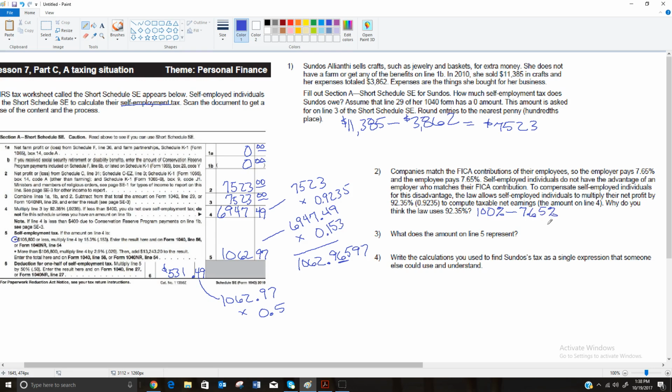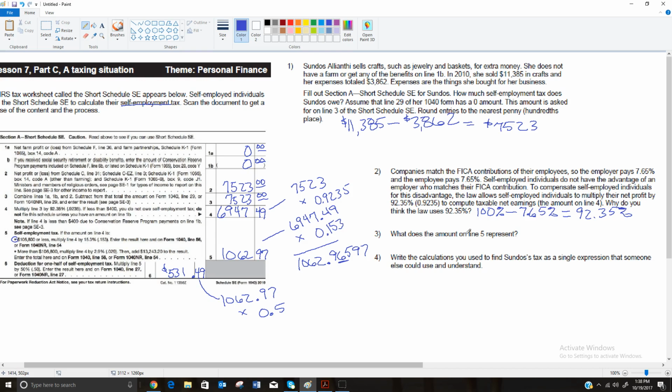So if you take 100% minus 7.65%, that's where they get the 92.35%. You notice that was the first thing we did, and so she doesn't actually pay taxes on $7,523. She actually only has to pay taxes on the $6,947.49. The other amount was not taxed.